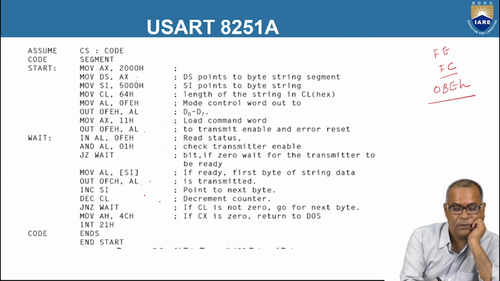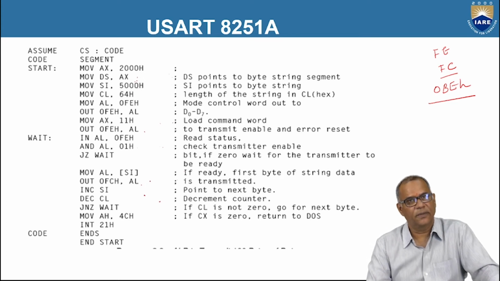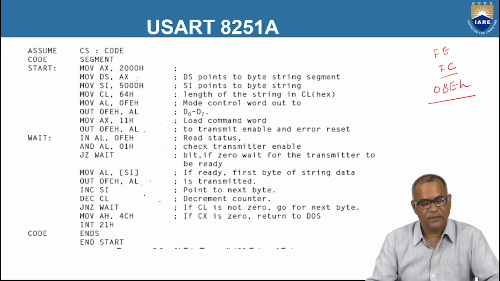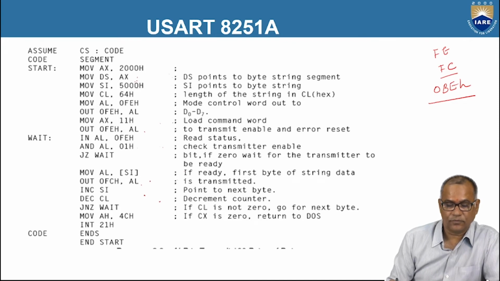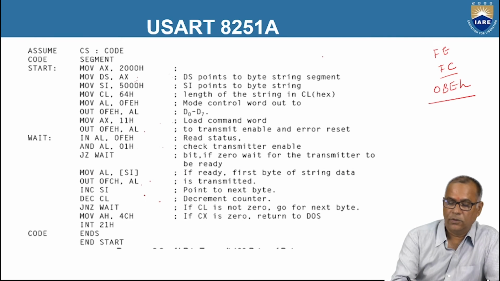Okay. Now first let us initialize the data segment register with the base address. So the base address that has been given in the problem is 2000H and 500H is the offset address.